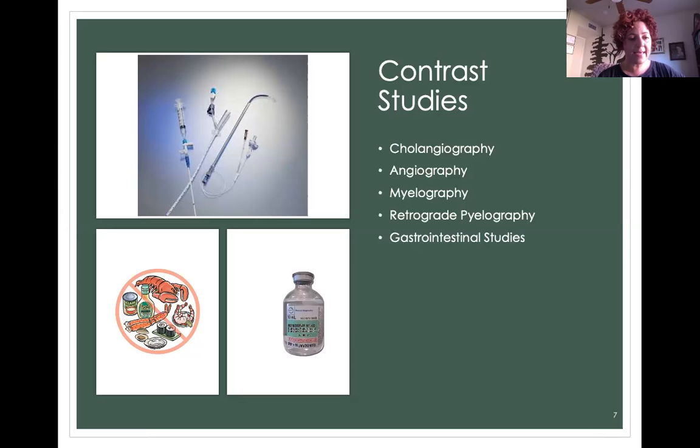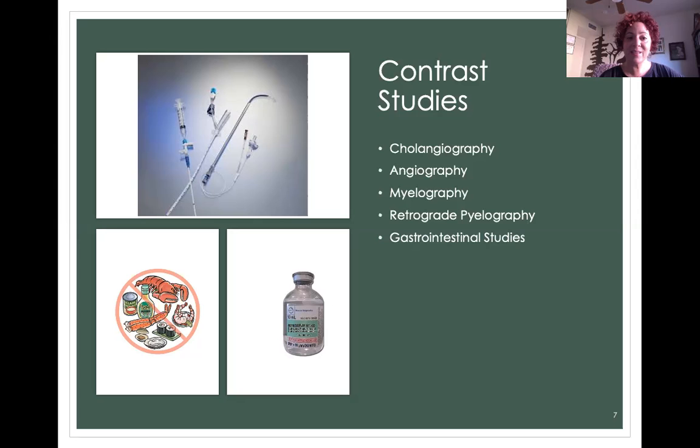And there is a rumor that is not true about individuals that are allergic to shellfish or iodine having an allergy to the contrast. And even though it is a lie, we still go by that lie in the operating room.